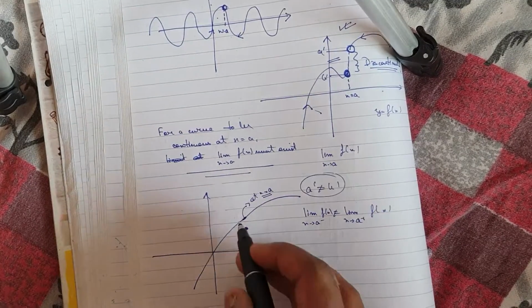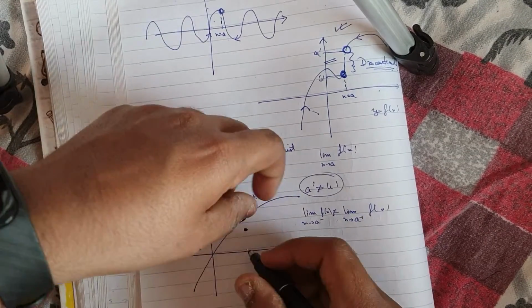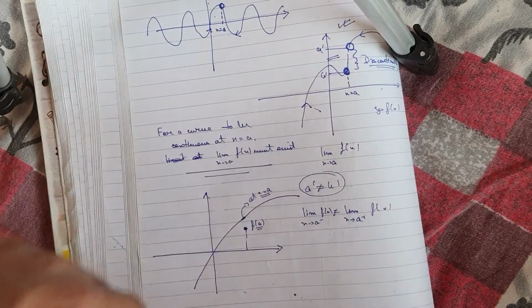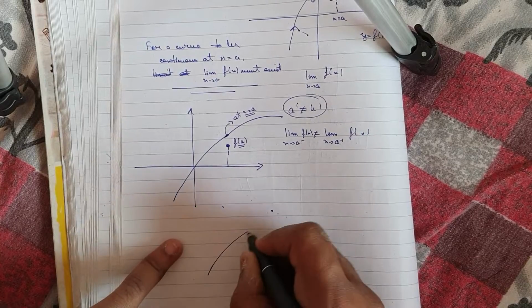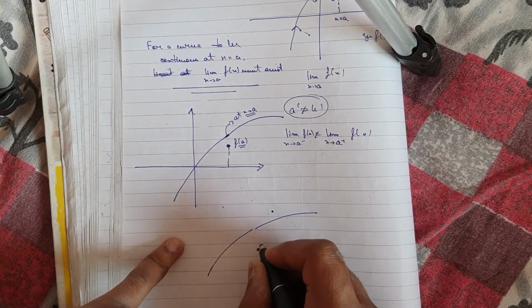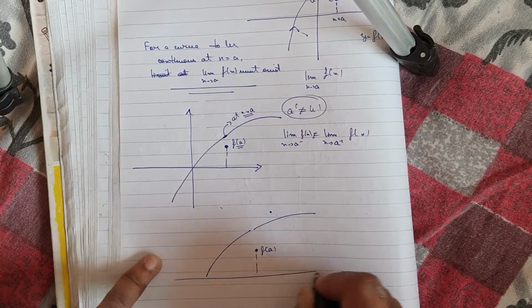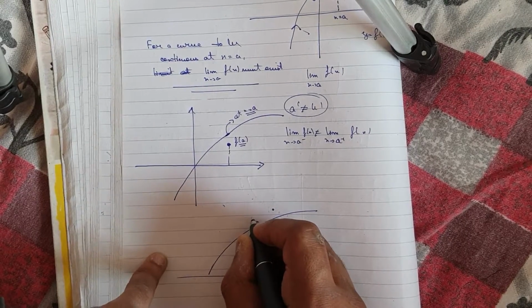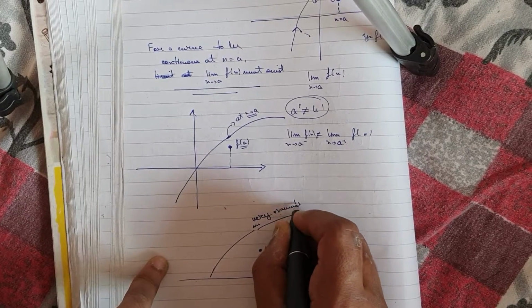Very minute gap. And this point is fa. Let me show it a bit bigger. The curve is like this. This point is fa, here x equal to a. So here is a very minute gap.